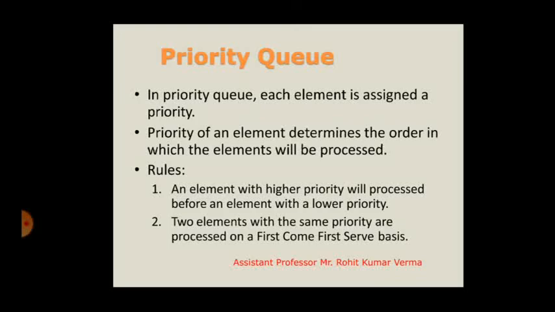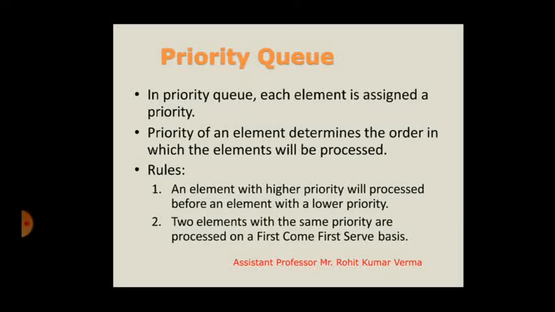Second thing, whenever we have two elements that have the same priority, in that case we use first come first serve basis. So whenever we are trying to access the elements, we use first come first serve. So this is our priority queue. A priority is assigned to each element.